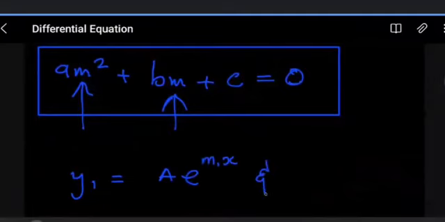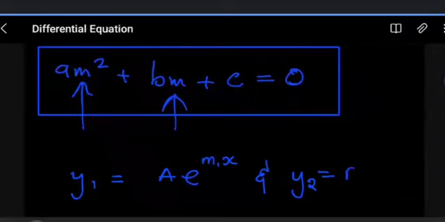And then the second part can be seen when m takes that second value from that quadratic expression, and this is going to be seen as b, then you have e. I'll use m2 here to show that that's the second value of m, times x.